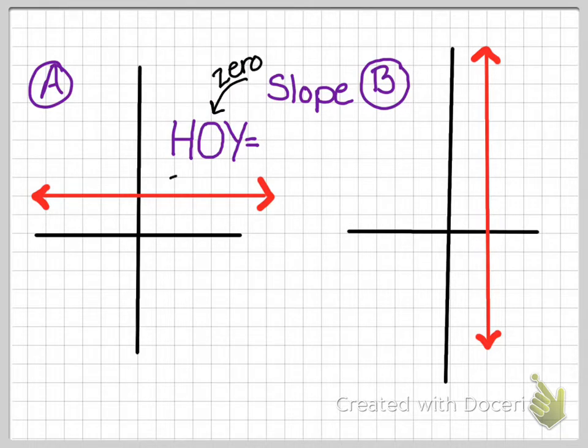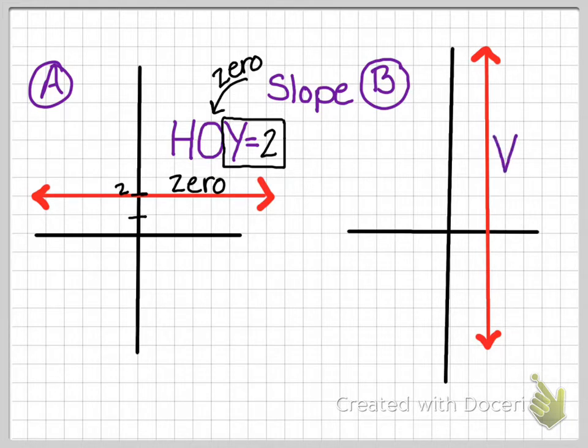HOY means I have a 0 slope. If I was going to write the equation of that line, I would see it goes through the 2 right there, so it would be y equals 2. Now, we are not writing equations right now, but it's good to know that as you look at it. All right, B is a vertical line.